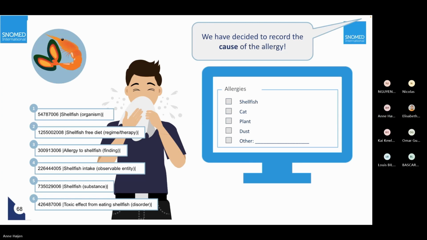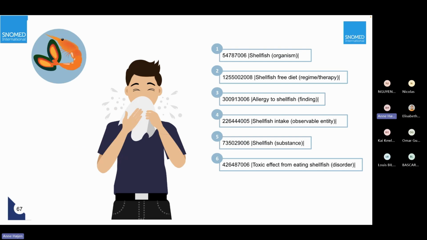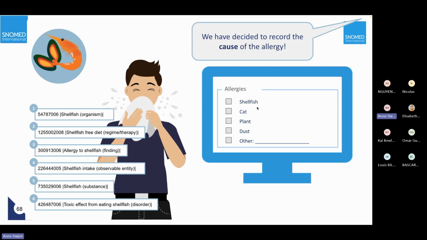So first you need to decide on how you're recording this information. And in this situation here, we have decided that we want to record not the allergic condition, but the cause of the allergy. So we may have a form, a context where this is the context of allergy, and this just documents whether I'm allergic to shellfish or cat or plants or dust.